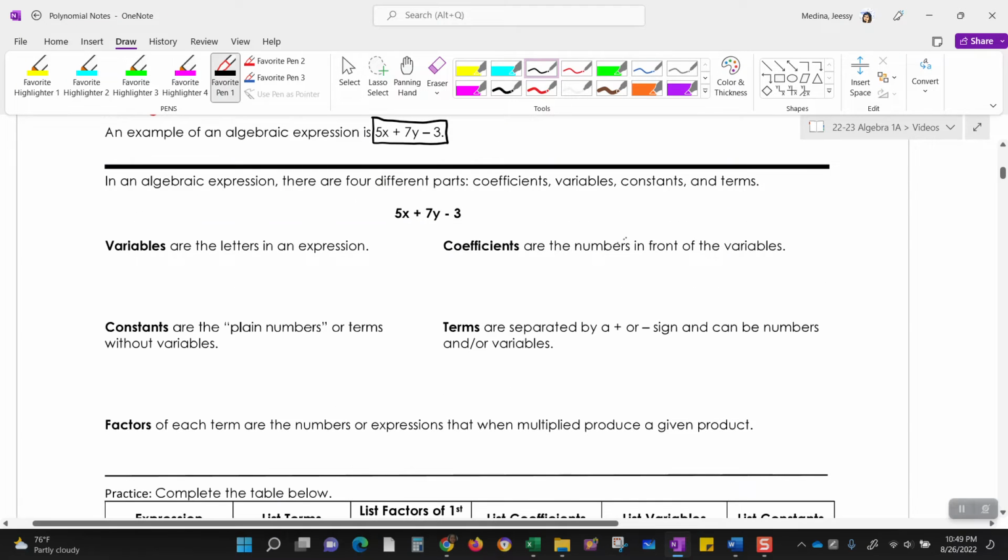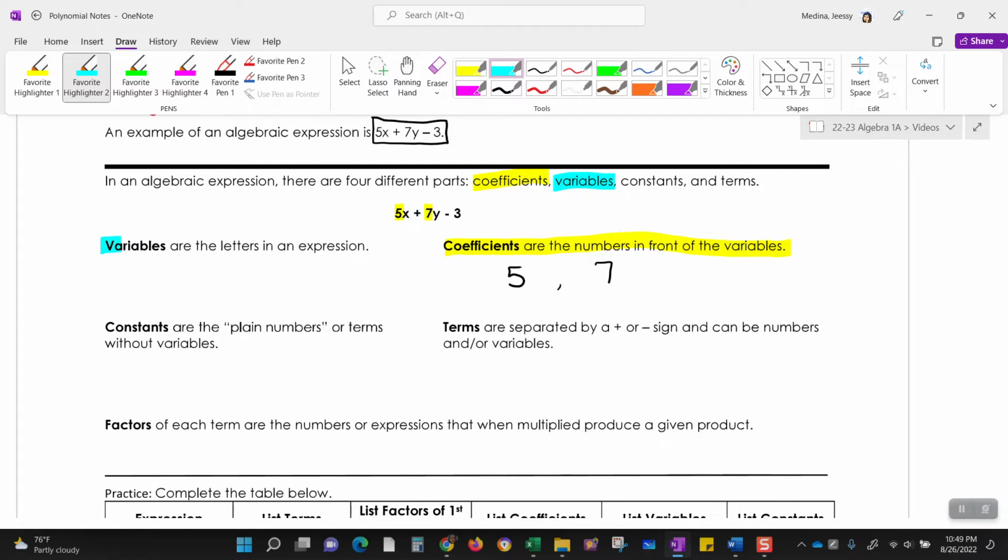So in an algebraic expression, we have four different parts. We have the coefficients. The coefficients are going to be the numbers in front of the variables. So in this case, it's going to be the 5 and the 7. We have variables.